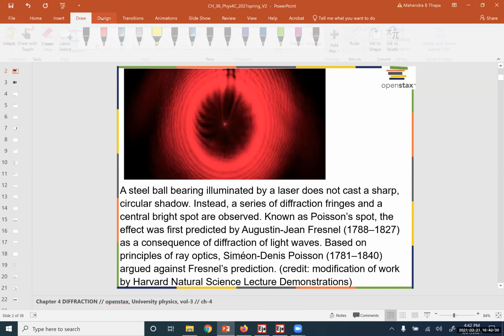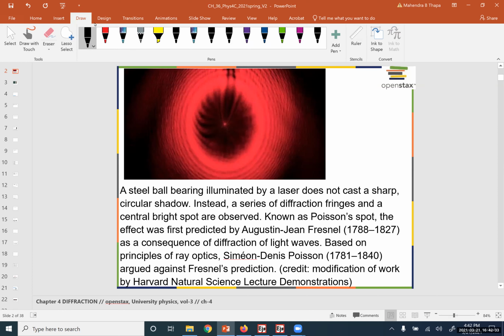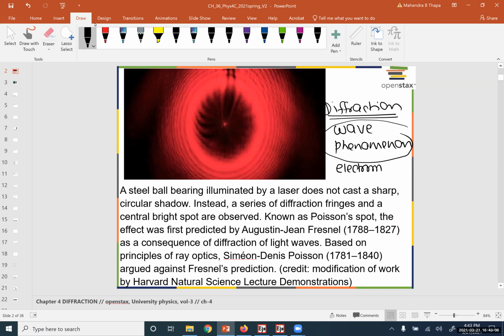So in this chapter, we'll talk about the diffraction phenomenon. Diffraction is basically a kind of wave phenomenon, and this could be true for any kind of electromagnetic wave.